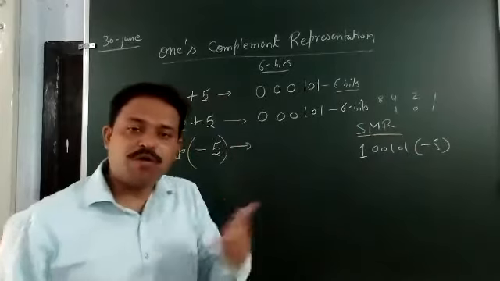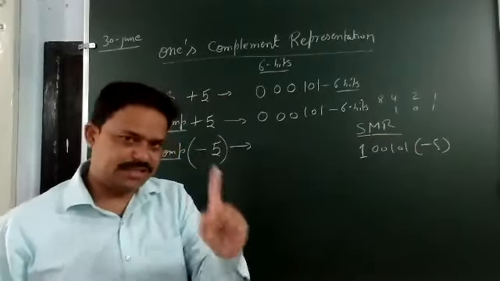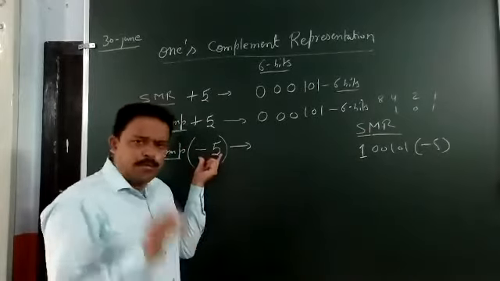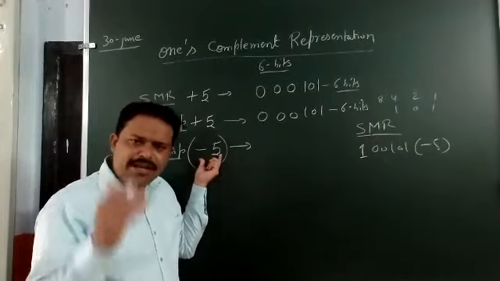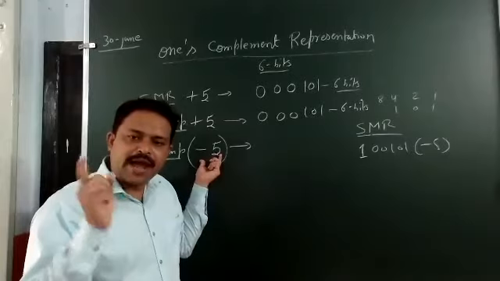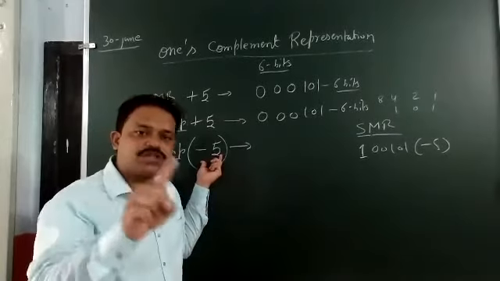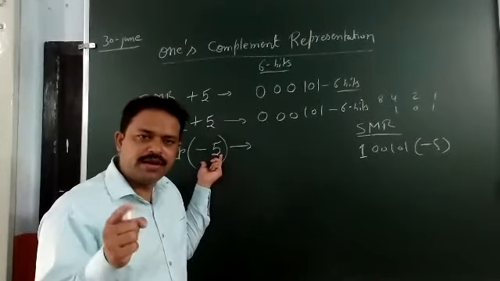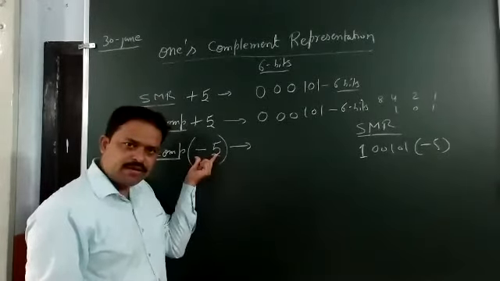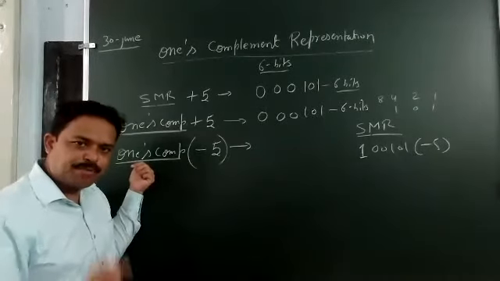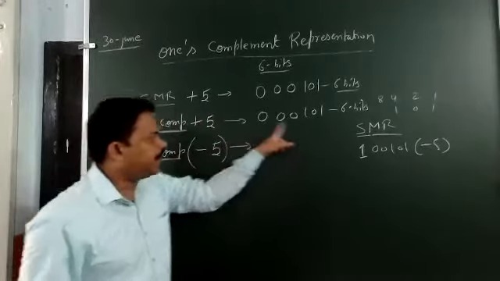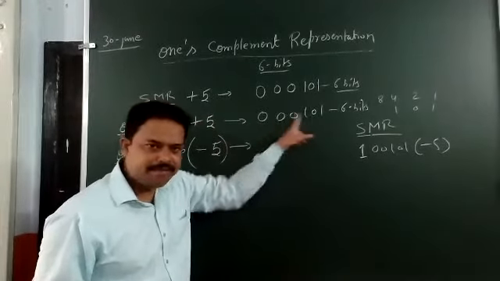Sir, how will we write it in one's complement? This is very important, and the logic is very simple. Before writing any negative value in one's complement, first write down its positive value. For example, to write -5 in one's complement, first write +5 in one's complement, which I have already written here.